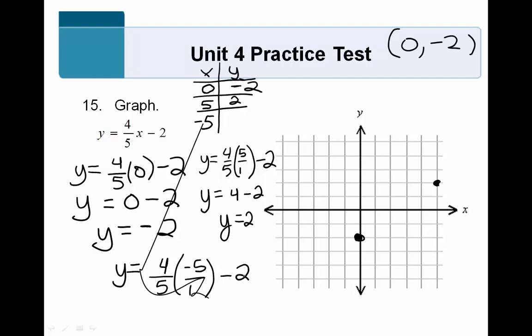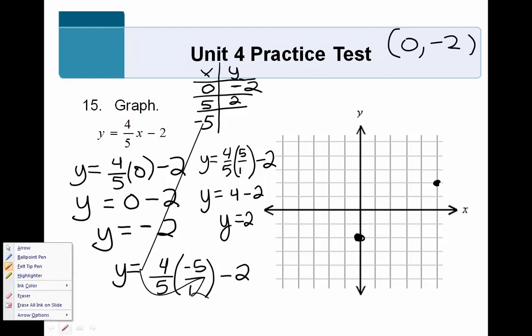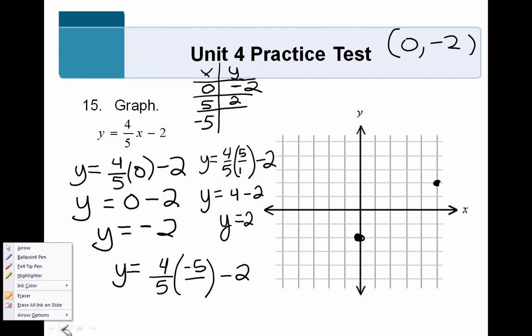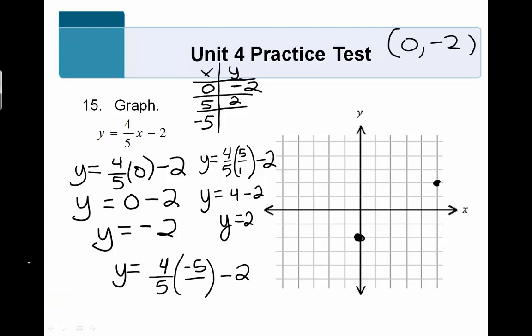I'm just making a real big mess of things here, and I really don't want to start this video over, so this is going to equal -20 divided by 5 is -4. -4 minus 2, y equals -6. That's a little better.